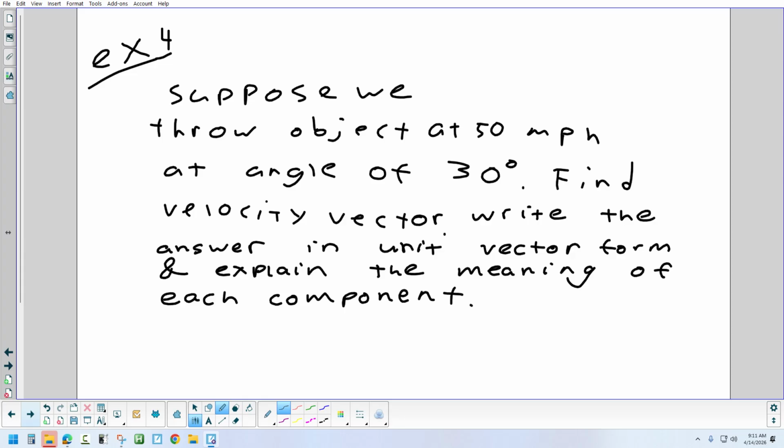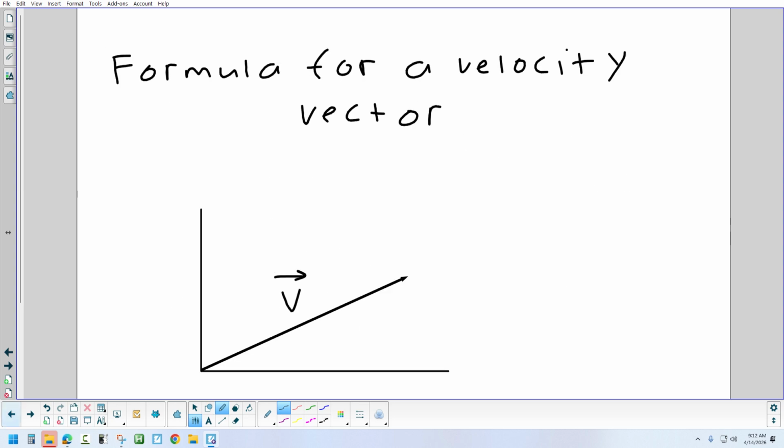Do we ever use an angle when we're writing vectors? No. We write components, horizontal and vertical. So to figure out a velocity vector, you're going to have to translate angles and magnitudes into horizontal and vertical components. So let's see how we can do that.